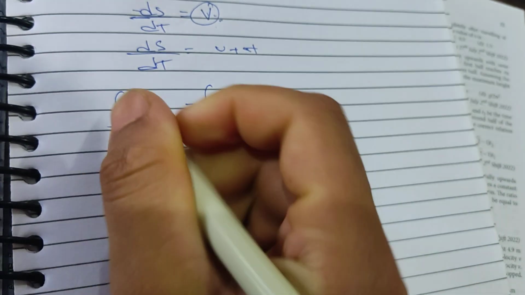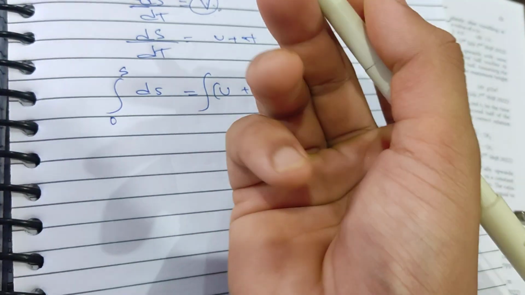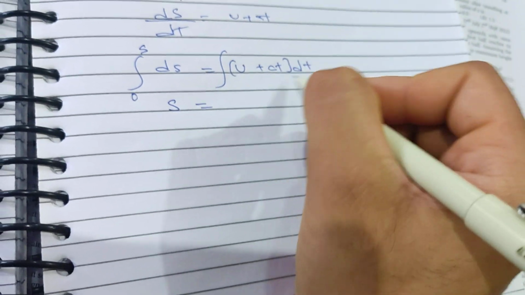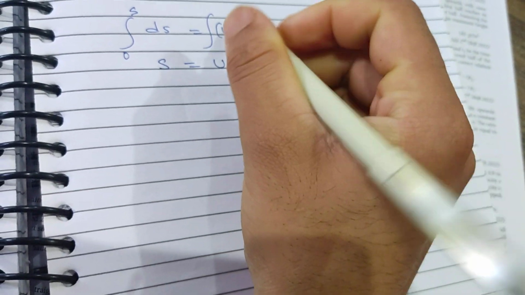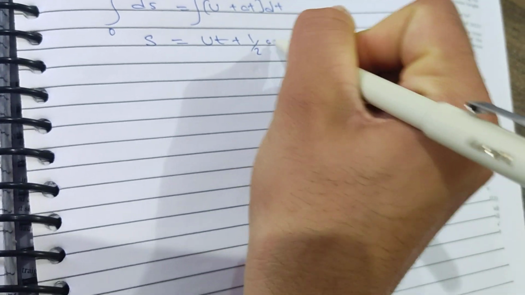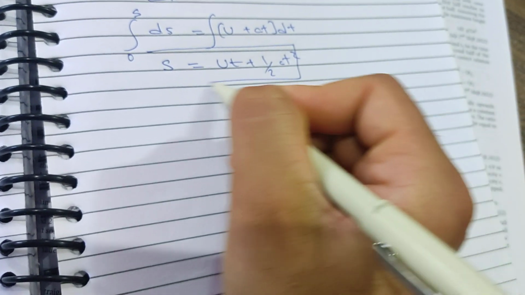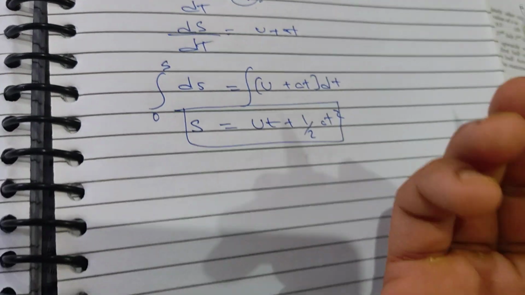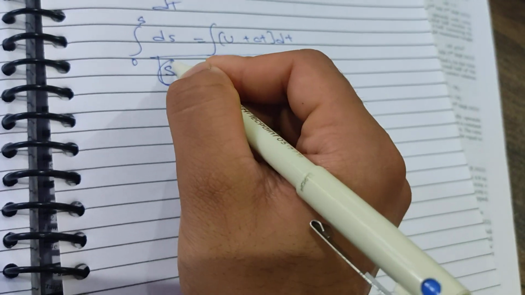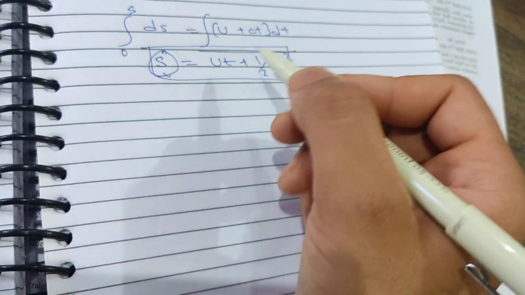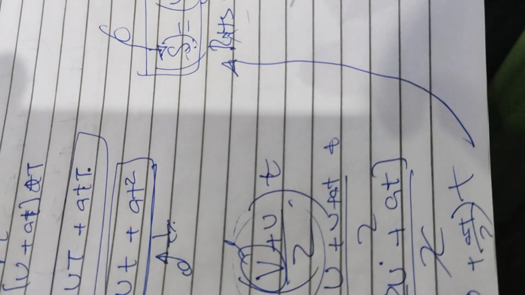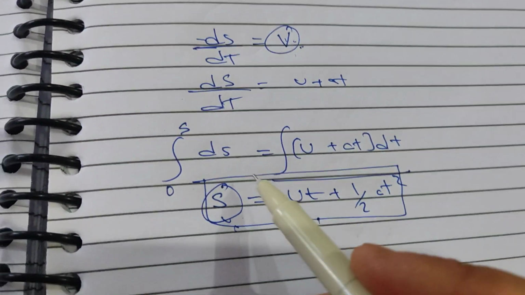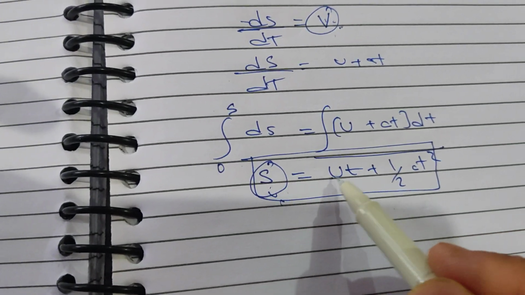After integrating it from 0 to s, we get s is equal to ut plus half of at square. By this we get the exact equation which satisfies the observation. Without observation, this differential calculus made us understand the equation.